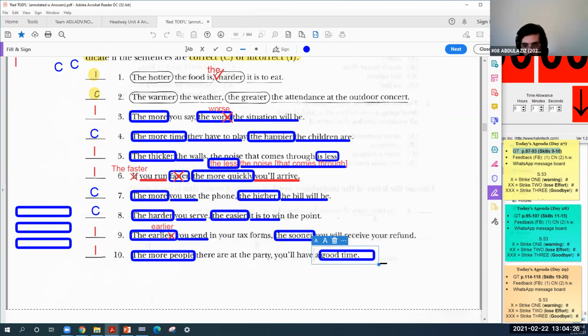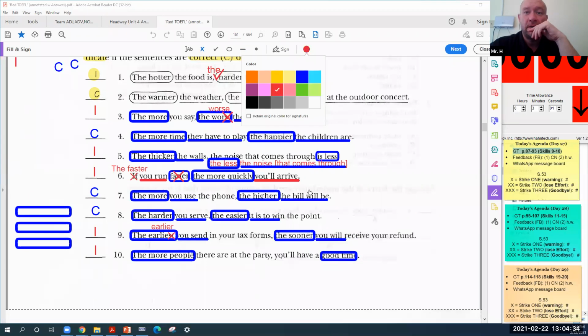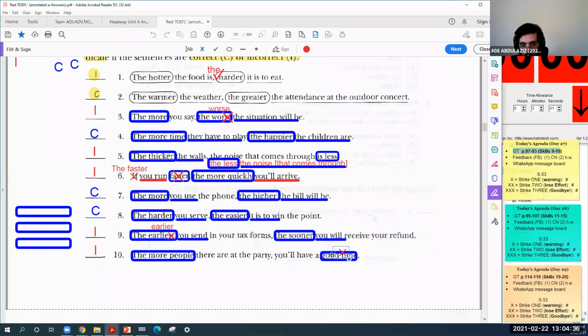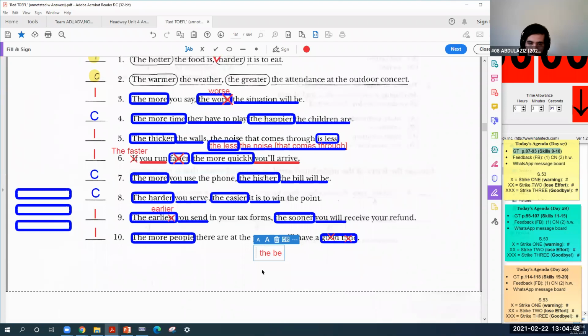But that's a problem, right? Cannot put it here. Where should it be? The better time, you will have before, after the comma. You have to move it in front of the comma. And how do I say it? The better time you will have.